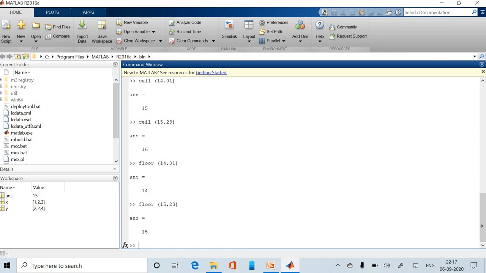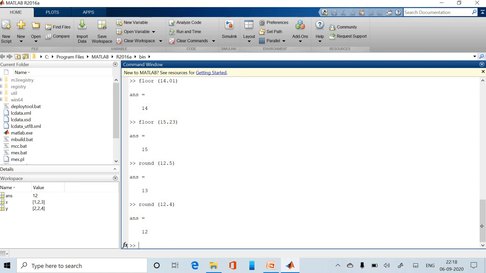Okay. Next one is round. Round, what you have done in your lower classes: if something is greater than 0.5, it will round up to the upper number. If it is less than 0.5, it will round to the lesser number. Suppose it is 12.5. So what will it round to? 13. Yes. So again check round 12.4.